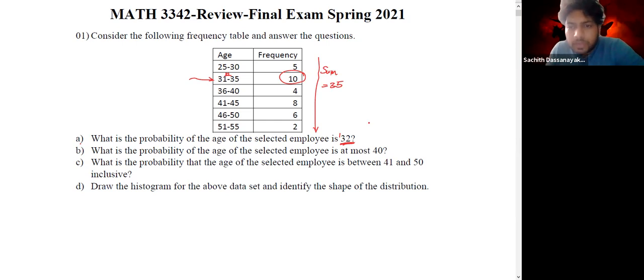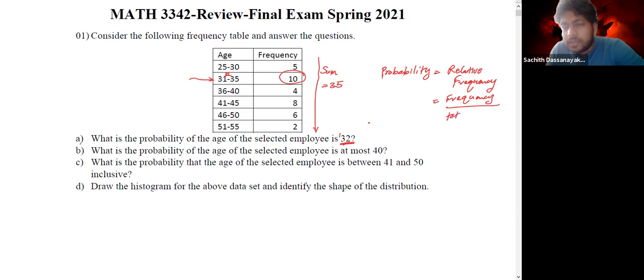So probability equals relative frequency, which is frequency divided by the total number of observations.